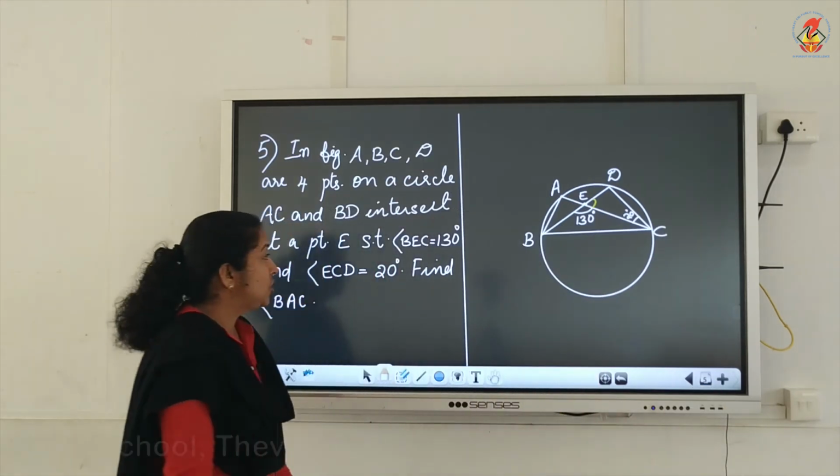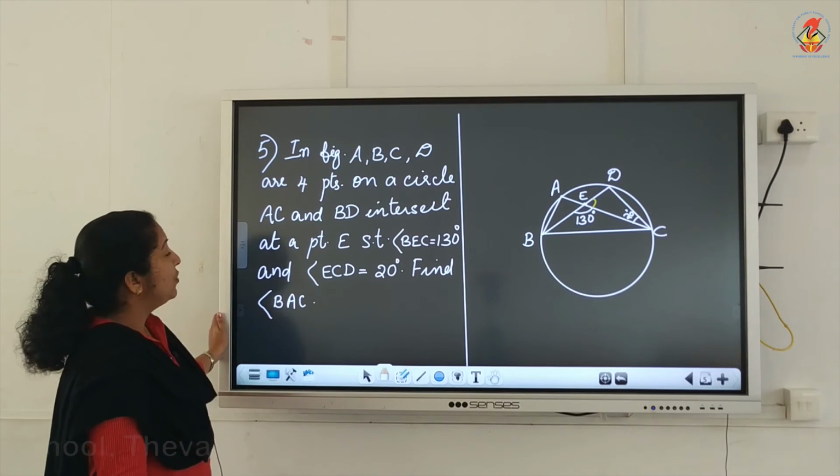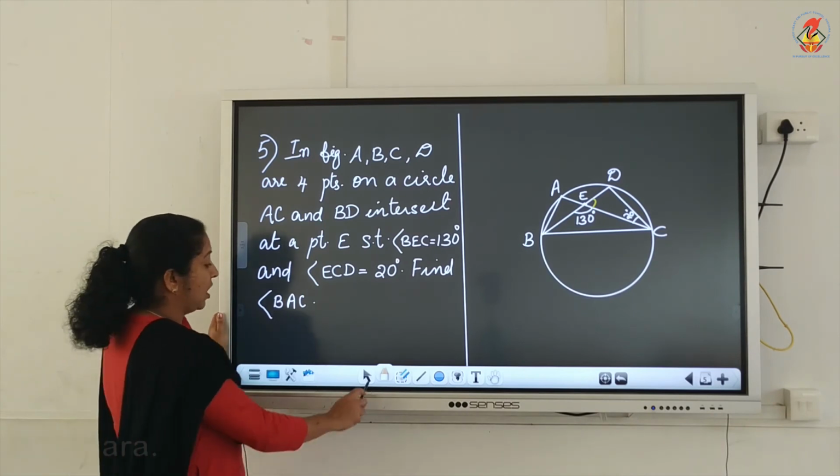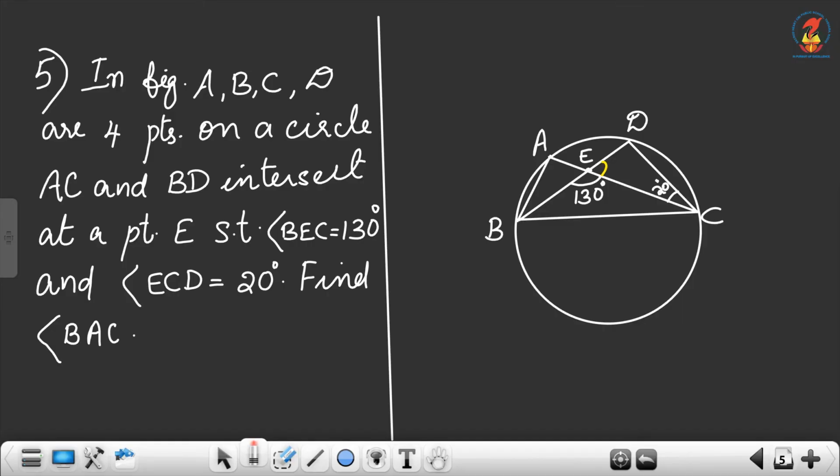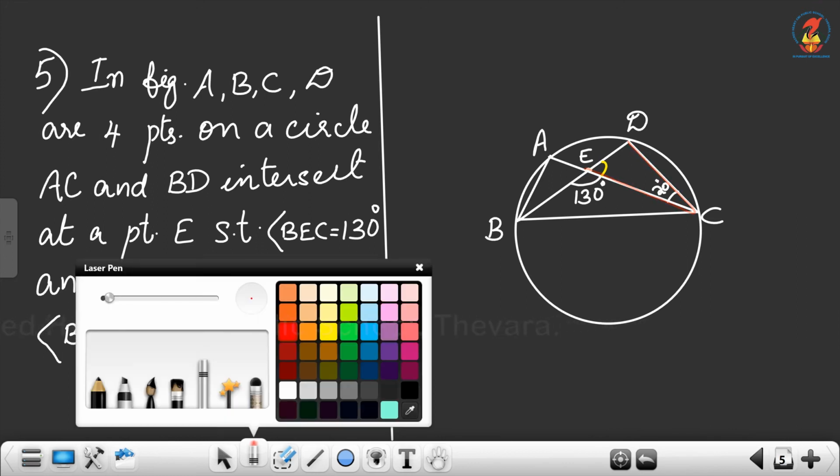Then next question, fifth question. In figure ABCD are 4 points on a circle. AC and BD intersect at a point E. Angle BEC is given as 130 degree and angle ECD is equal to 20 degree. Find angle BAC.